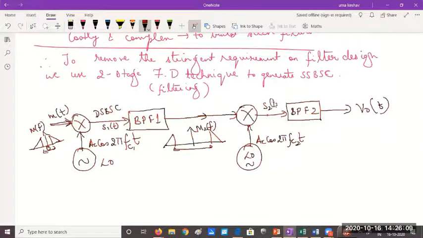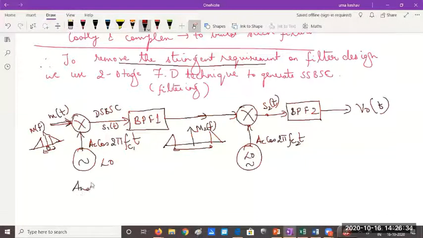This is another DSB-SC signal which will be available after multiplication. So what you are seeing, we are just repeating the implementation of the first stage again, so that I will remove the complexity in the design of the filter. I can make the filter design a little more simple if I do this.